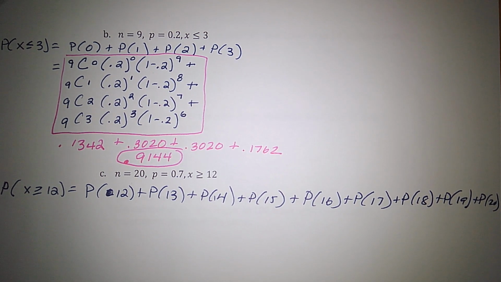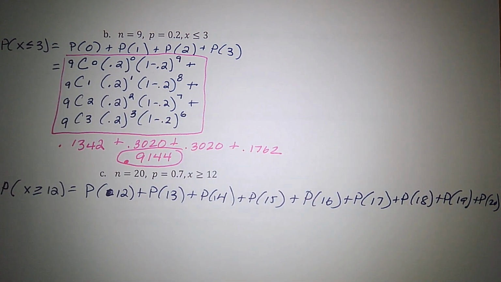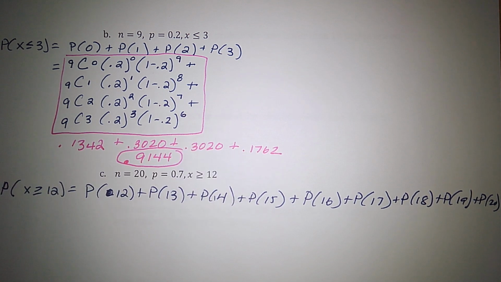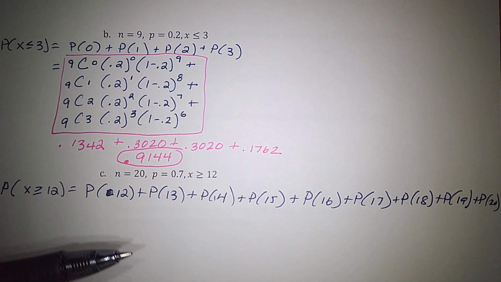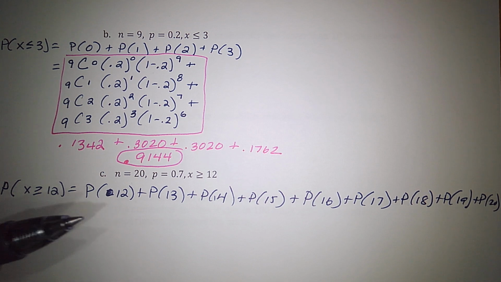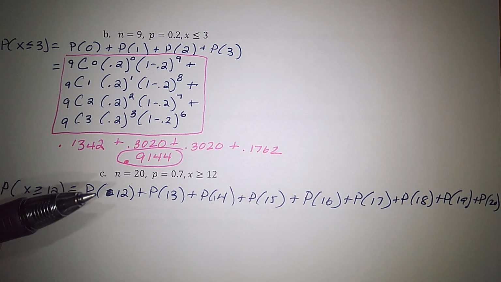So we would have to do this equation 9 different times and then add all those values together if we were to do this one by hand. I'm going to leave it here for you to go try on your own rather than waste the time in the video by using this method up here.